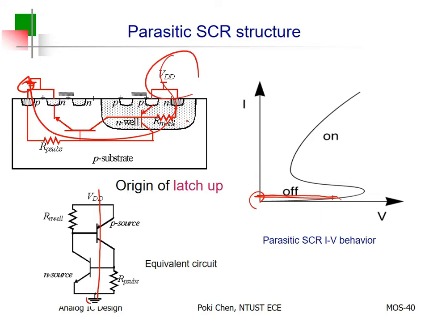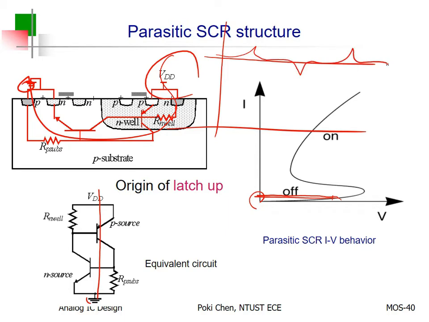The problem is nothing is perfect, even for your VDD. If you measure your VDD on chip, it doesn't look like that. No. Especially for a digital circuit, you have a lot of spikes, because you have a reference clock to turn on and turn off many of the circuits, right? How many transistors are turned on and off?